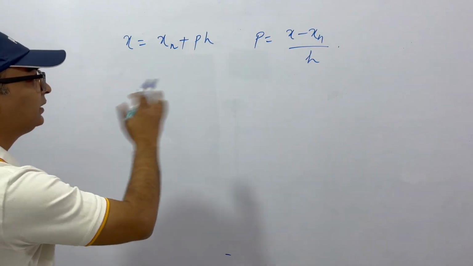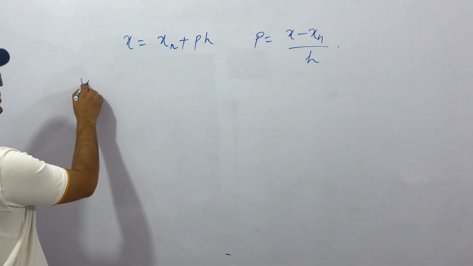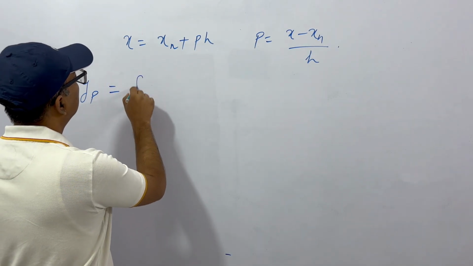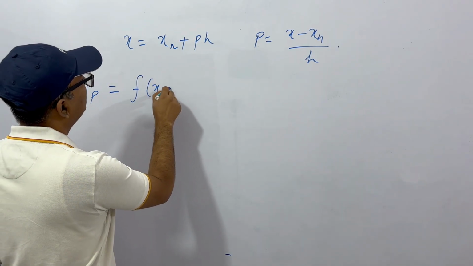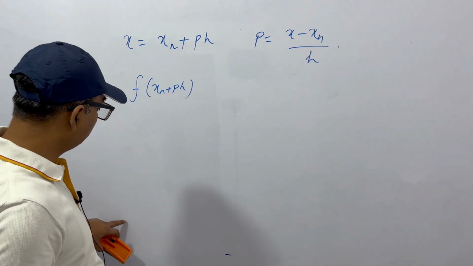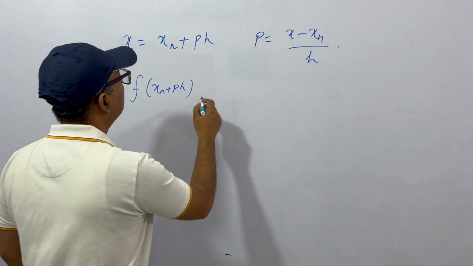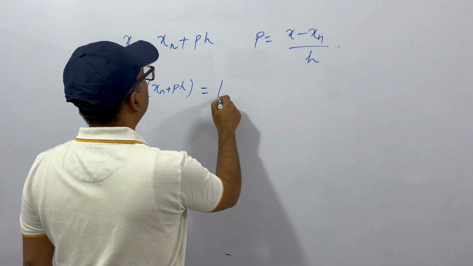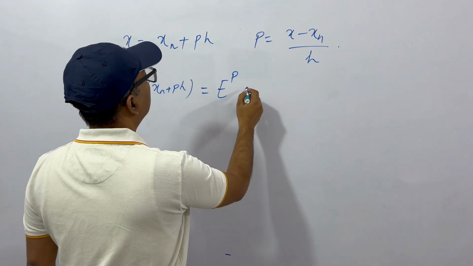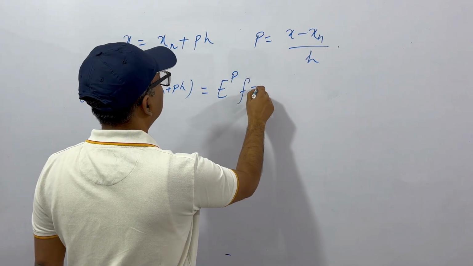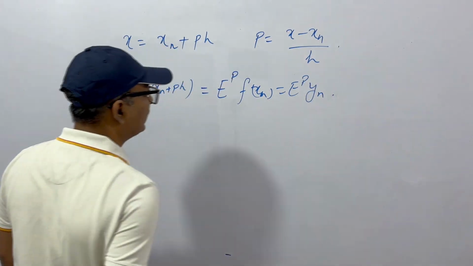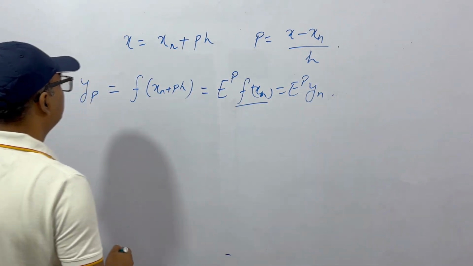This is very similar to that, and we know that the pth term is actually equal to f(xn plus ph), whatever be the nth term. From there we have this p, so this is equal to E to the power p of f(xn), or we can write E to the power p of yn, since f(xn) is yn.